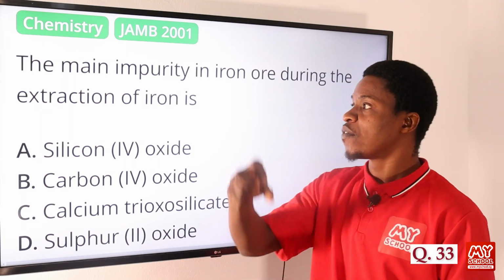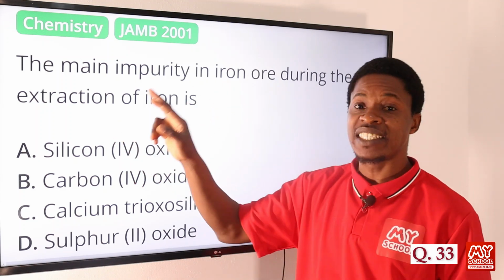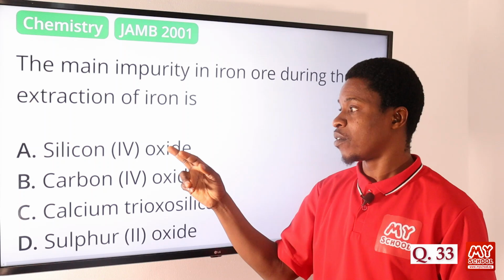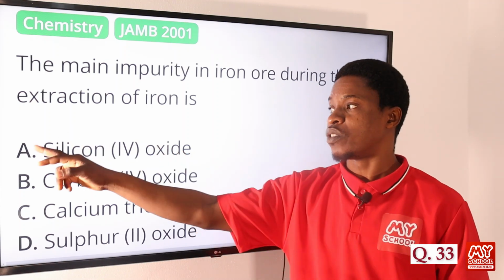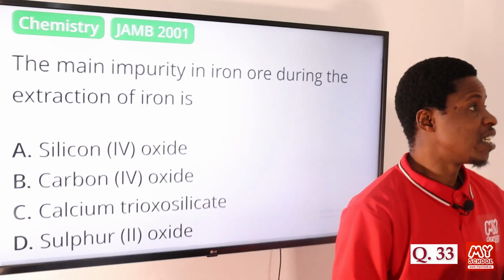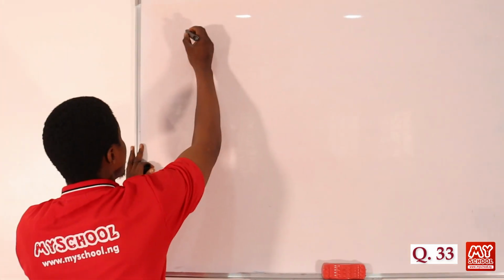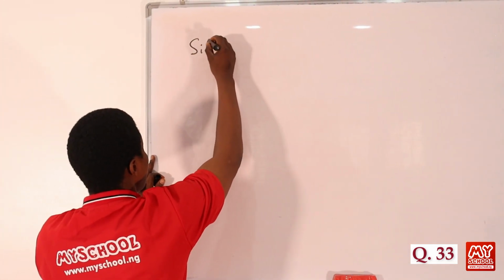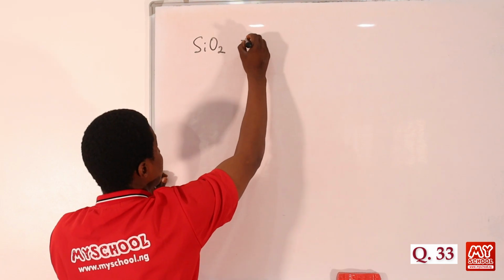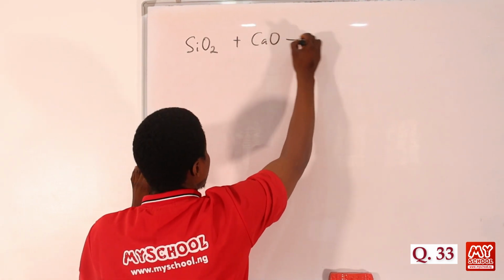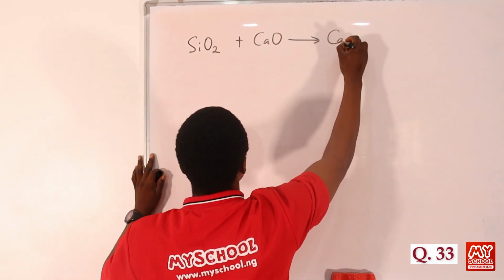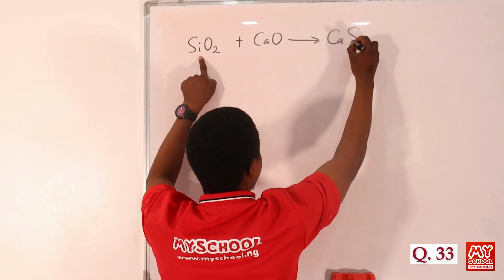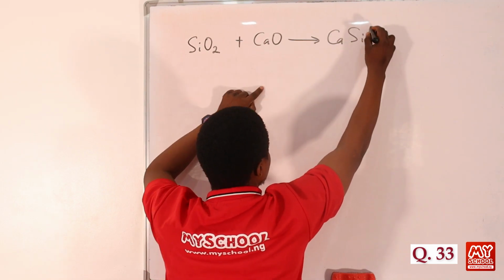So how do we remove that impurity? When you add calcium oxide to it, let's look at the screen. Silicon dioxide, your impurity in the iron ore, reacts with calcium oxide to give calcium silicate, CaSiO3.